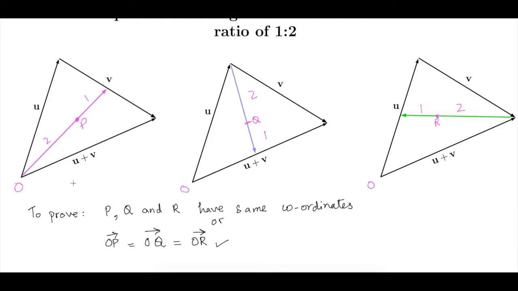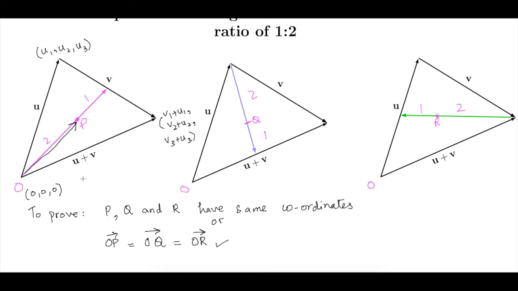Note that I'm talking about this vector now. Sorry for the bad drawing here. If this is O, then without loss of generality, I can choose this to be 0, 0, 0. This I can choose to be U1, U2 and U3, and this I can choose to be V1 plus U1, V2 plus U2 and V3 plus U3.